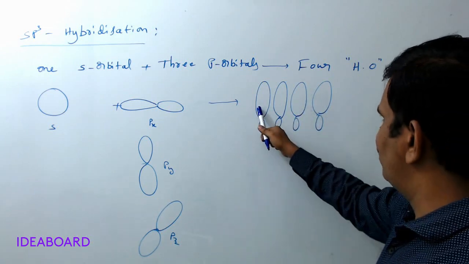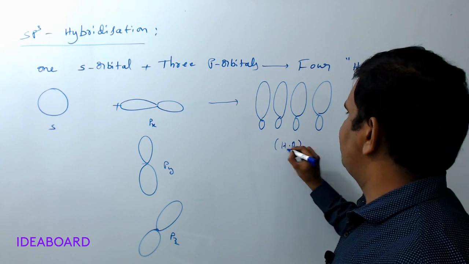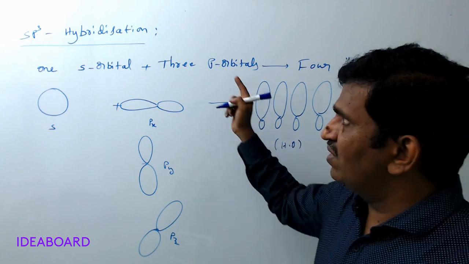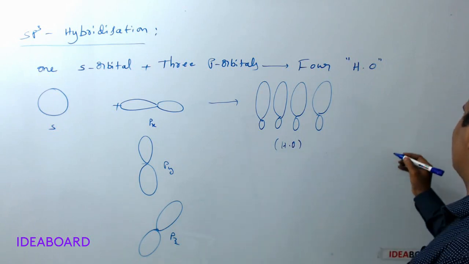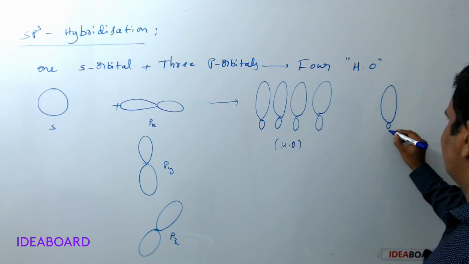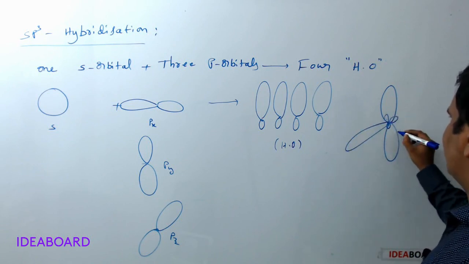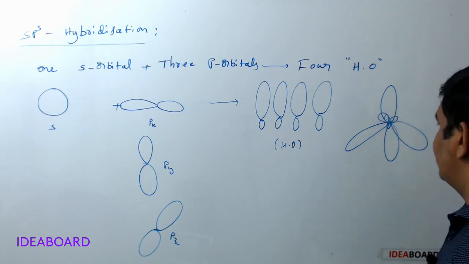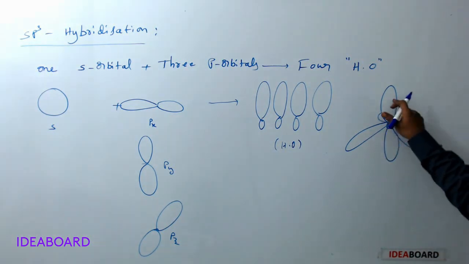And how are these 4 hybrid orbitals arranged around the central atom in a compound? They are arranged like this. This is 1 and this is the second one and this is the third one and this is the fourth one. So this is the arrangement of 4 hybrid orbitals.